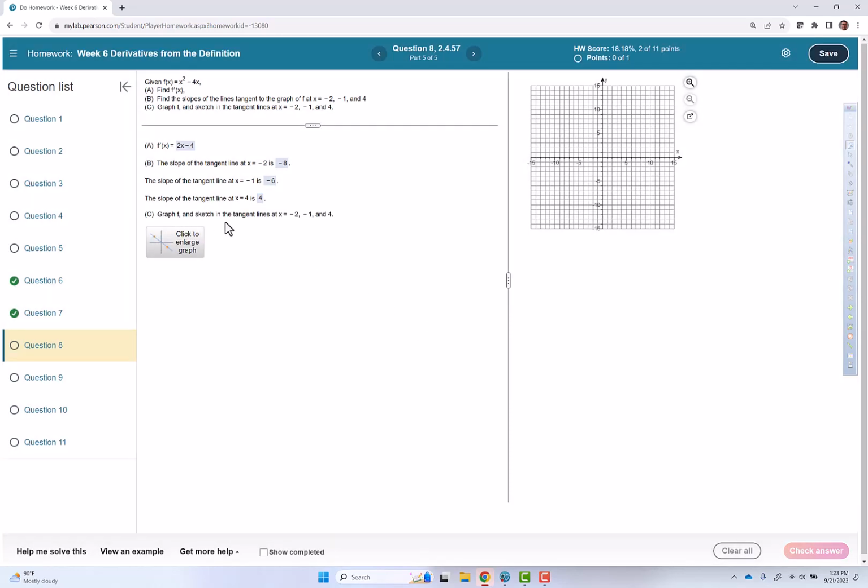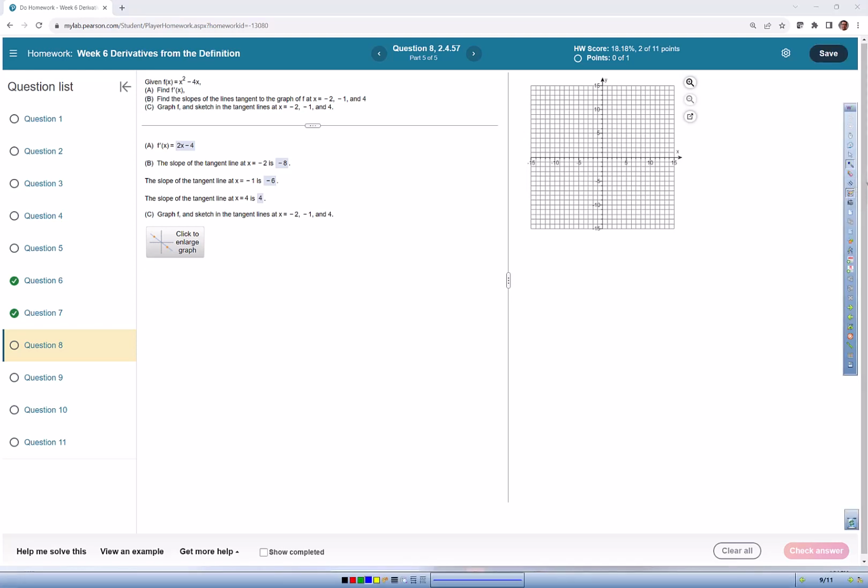Graph f and sketch in the tangent lines at x equals -2, x equals -1, and x equals 4. So we know the slopes here, here, and here. And we have the x coordinates there. To use the point slope form, we also need the y coordinate.